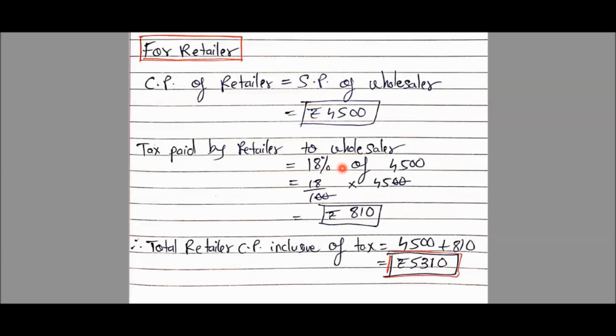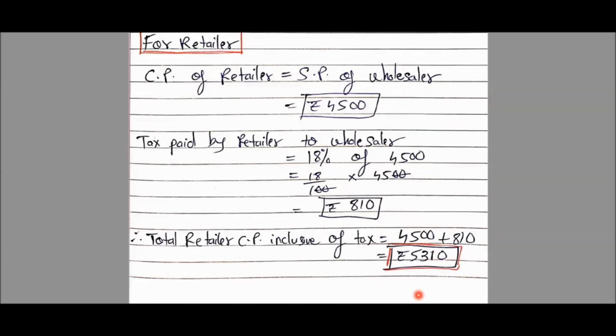That is the price at which the wholesaler is selling to him. 4,500. 18 upon 100 into 4,500 comes to 810. So the total retailer cost price inclusive of tax is 4,500 plus 810, coming to rupees 5,310. Okay students, hope you understood this question.